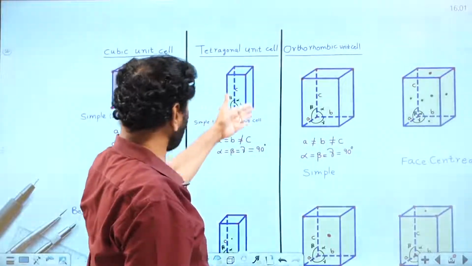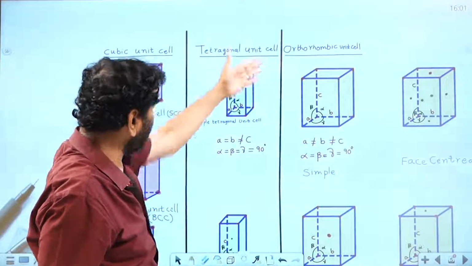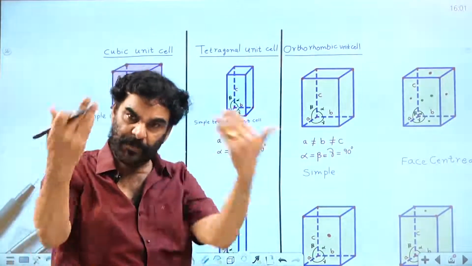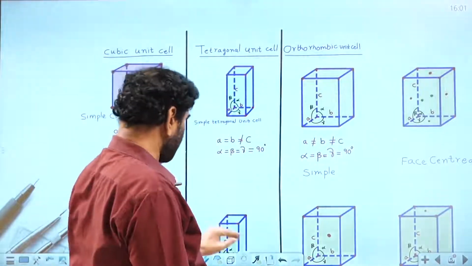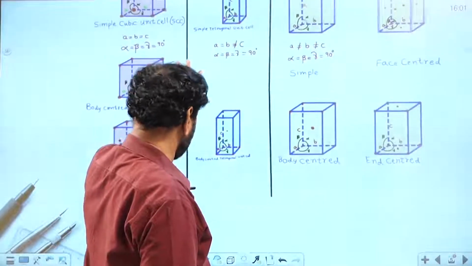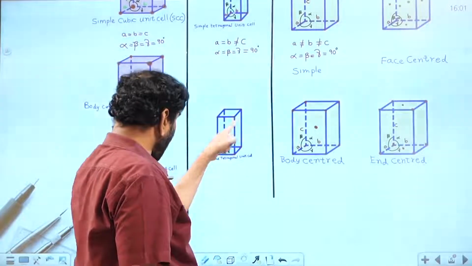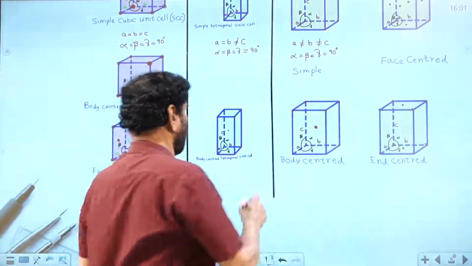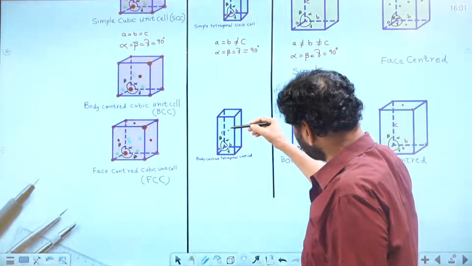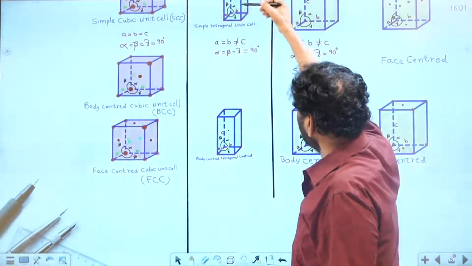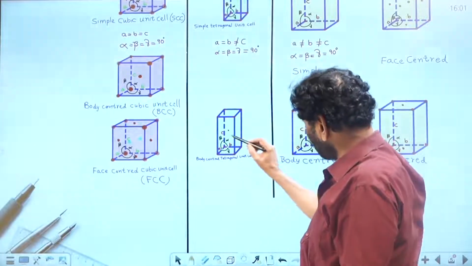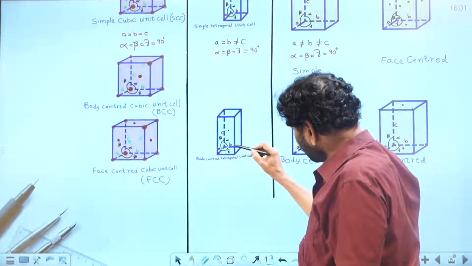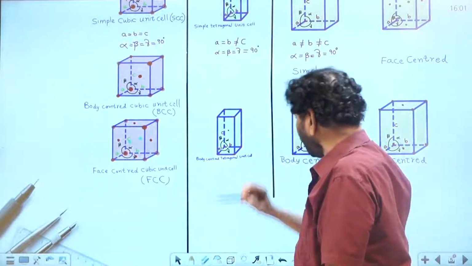A simple arrangement is possible, that is, lattice points can be at the corners of the unit cell, and the second one is they can be present at the corners and the body center. You see, body center one point, 8 corners, 8 lattice points, and one at the center of this one.